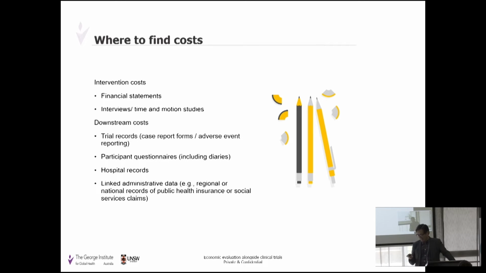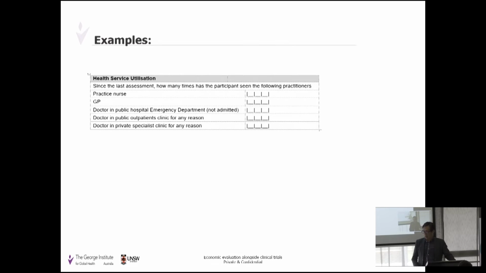Okay, thanks. Here are a couple of examples of the sort of manually collected data instruments that we've used in the past in some of our studies. This is a question that's been put into a case report form.